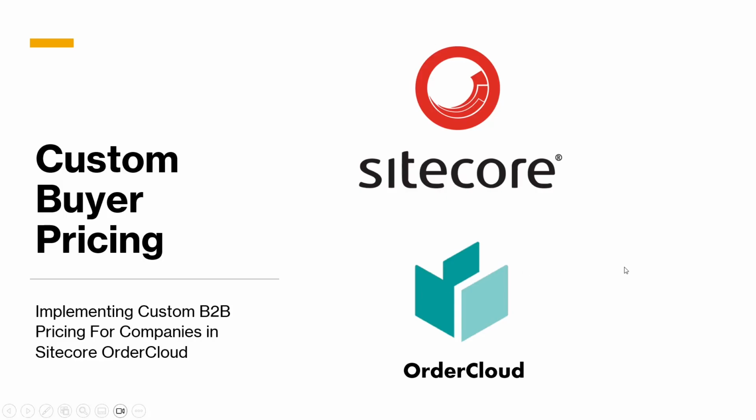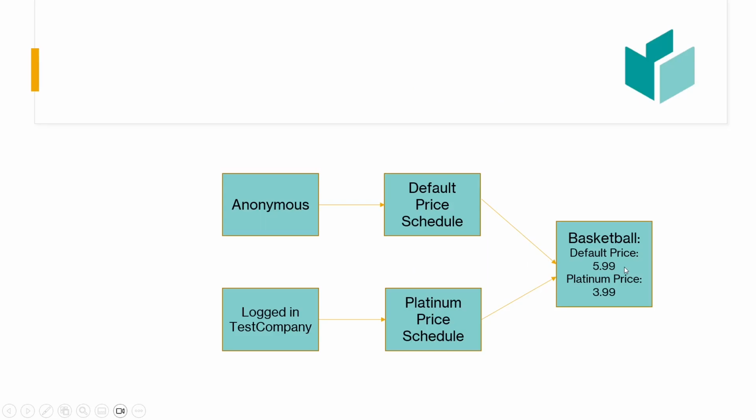So what we're going to do is check out how we can do this in Sitecore OrderCloud. And this is just a basic overview where we have the anonymous user, and the logged in user, which is connected to a company.